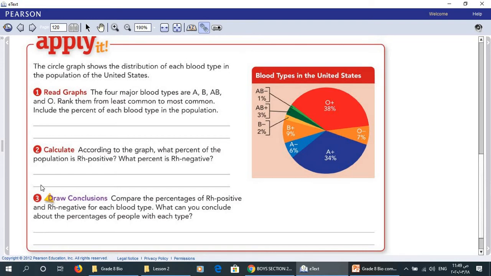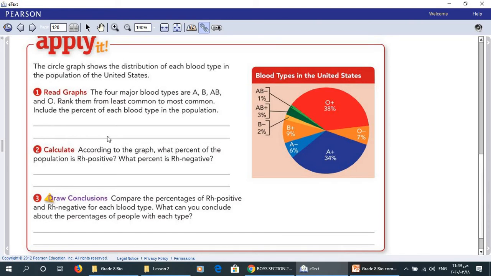It will be 16% are negative, including 1%, 2%, 6%, and 7%. As we can note, the number of people that have Rh positive is more than the other people whose blood has Rh negative.